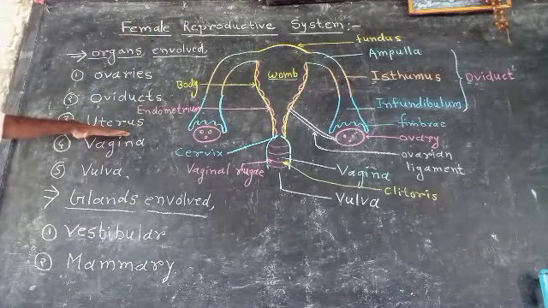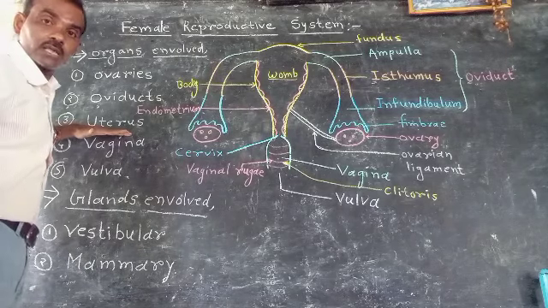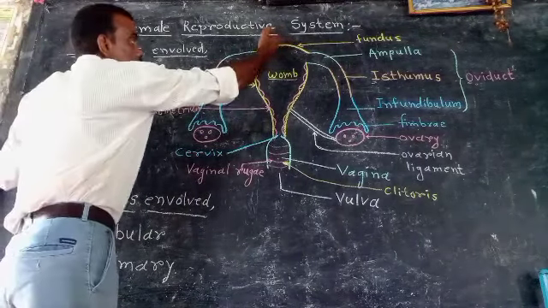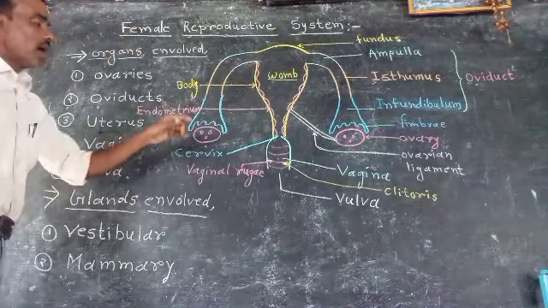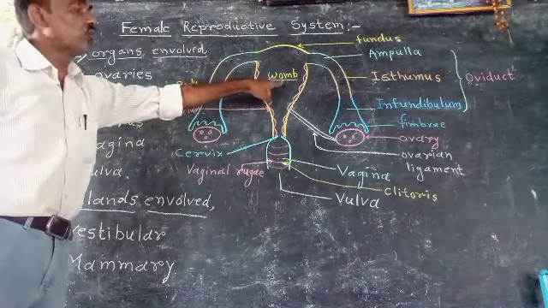Third organ, the uterus. The uterus is dome shaped, somewhat triangular in shape, yellowish in color, and it is also called a womb.